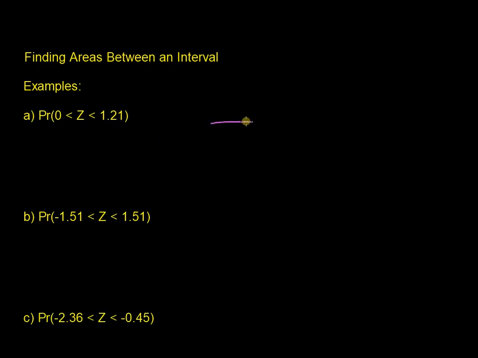Okay, so for the first one, we want to find the probability that Z is between 0 and 1.21. Okay, so that is this area that I'm marking right now in purple.